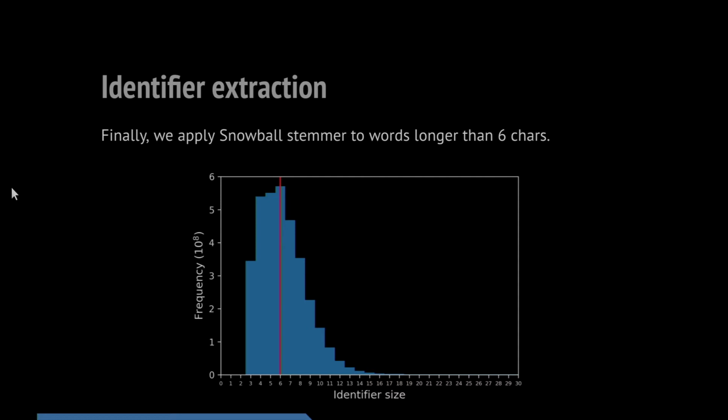So, empirically, it can be seen that 7, 8, 9 and so on is a good balance between the number of collisions and the profit you get from stemming.